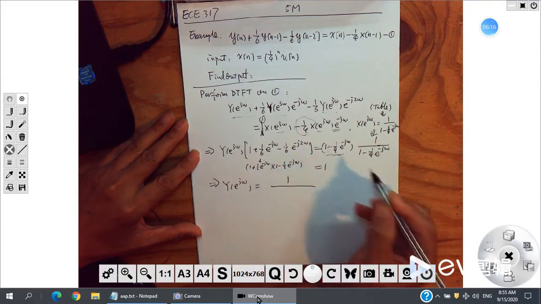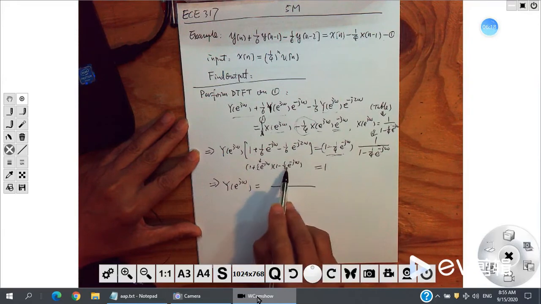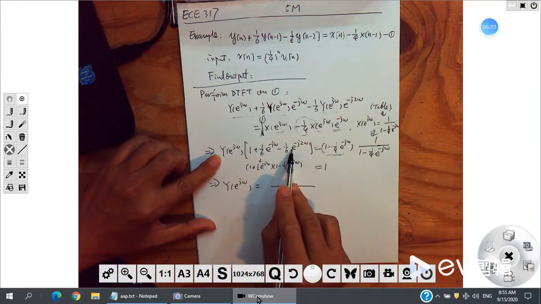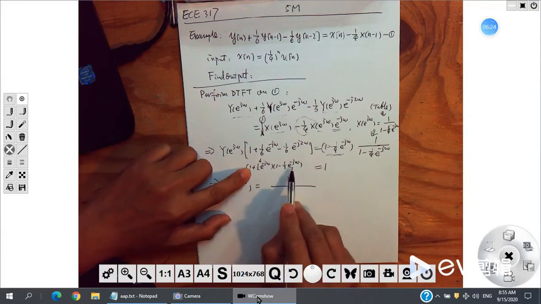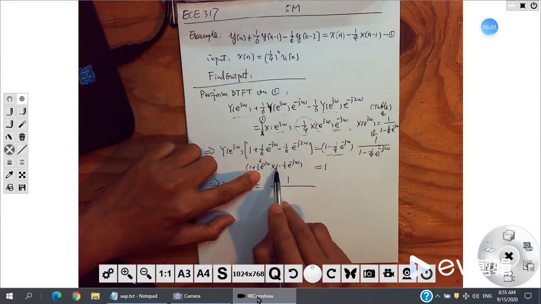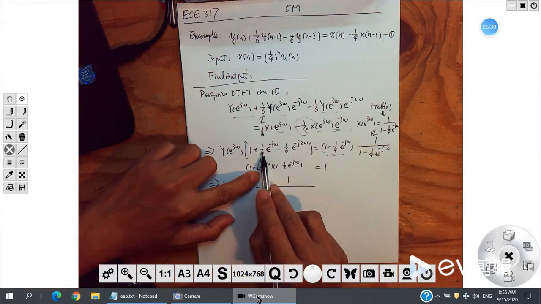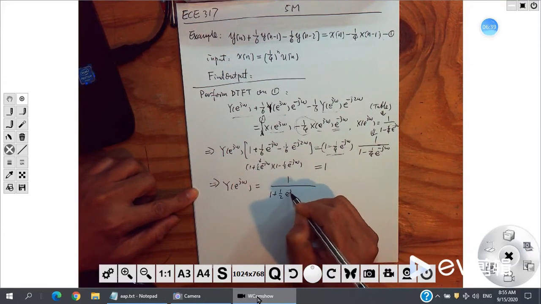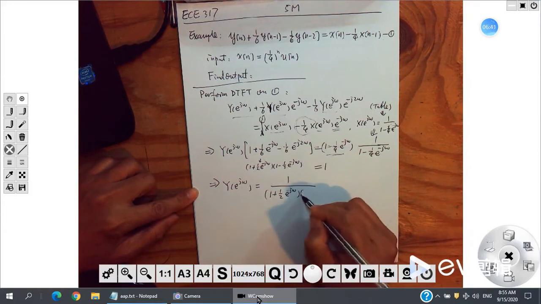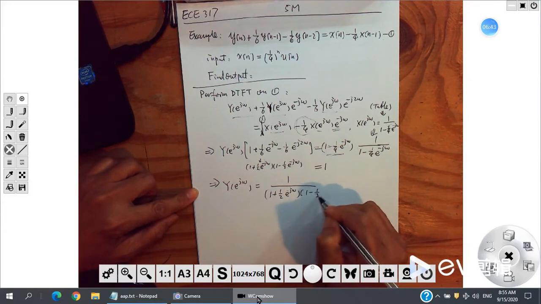You can double check. You multiply these two together, you get the last term, right? And 1 times negative 1/3 and a half times 1, combine together, half minus 1/3, you get this one. So this is 1 plus 1/2 e to the negative j omega times 1 minus 1/3 e to the negative j omega.